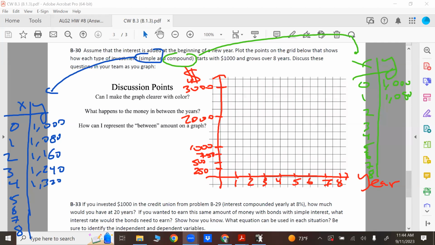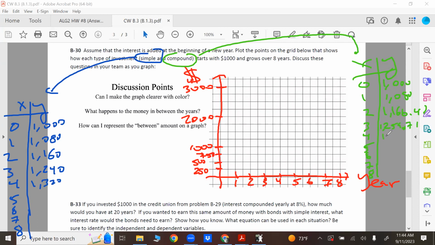Let me get my notes here so I don't have to keep going back and forth. Yeah, we had a 1080, 1166.40. Then we have 1259.71.